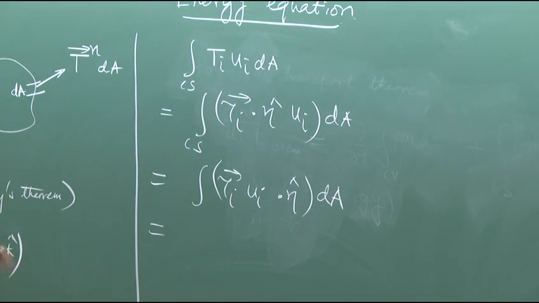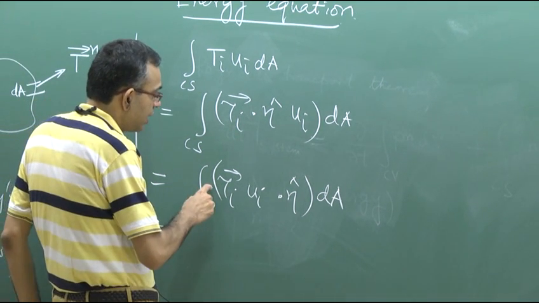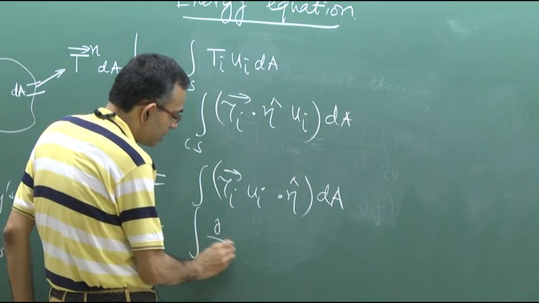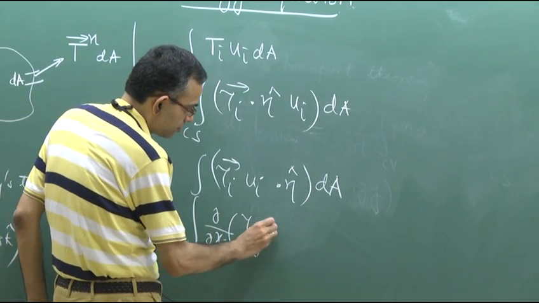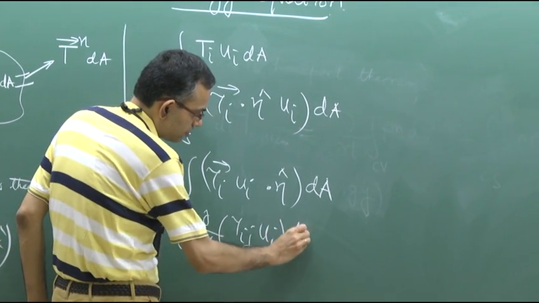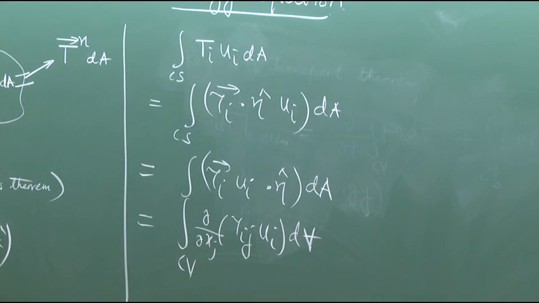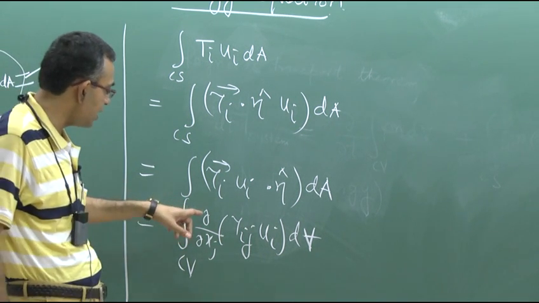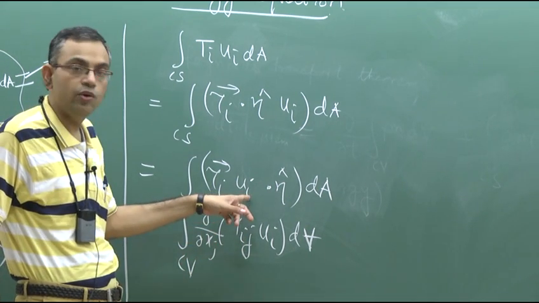So, how can we write this? Del dot tau I ui, that means in index notation del del xj of this, which is just another way of writing del dot tau I ui.